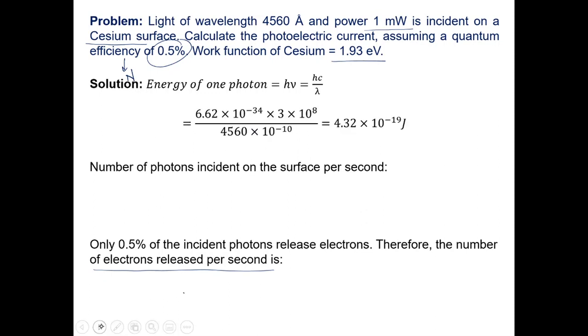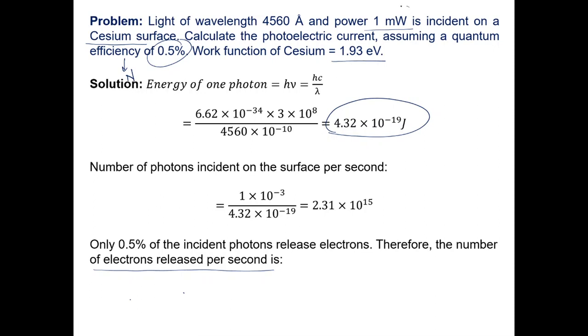The energy of the photon comes out to be 4.32 into 10 power minus 19 joules. The energy is 1 milliwatt times 1 second, so 1 millijoule, and you divide this by the photon energy. So you get 2.31 into 10 power 15 photons per second.